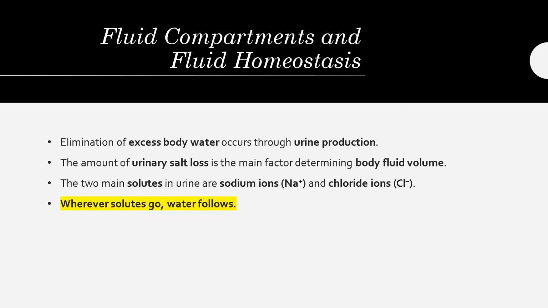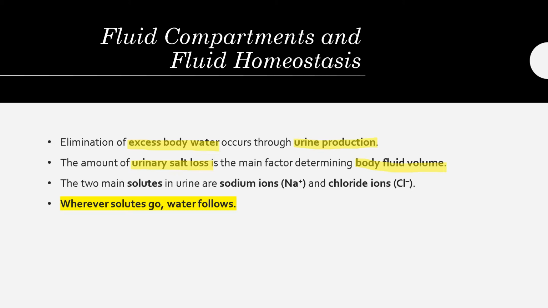Even though the loss of water and solutes through sweating and exhalation increases during exercise, the elimination of excess body water or solutes really occurs by controlling their loss in the urine. The extent of urinary salt loss is the main factor that determines our body fluid volume. So the main reason for that is that water follows solutes in osmosis.